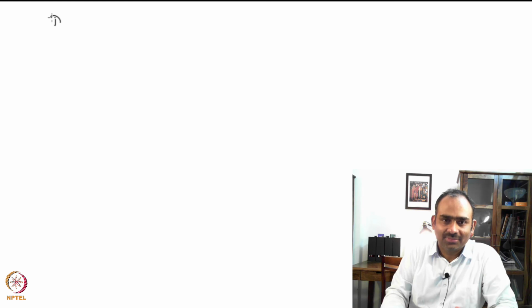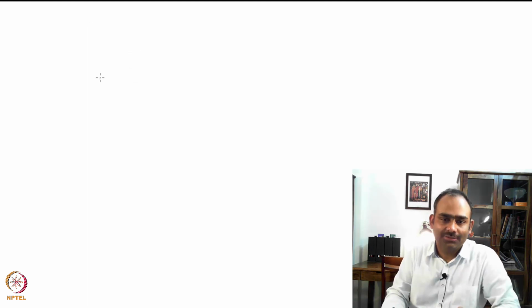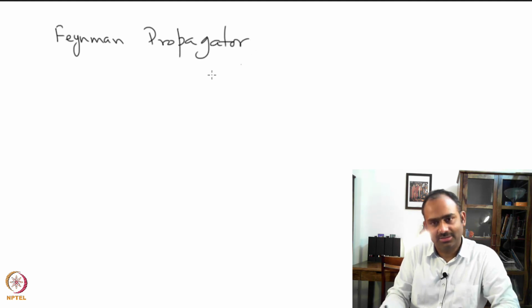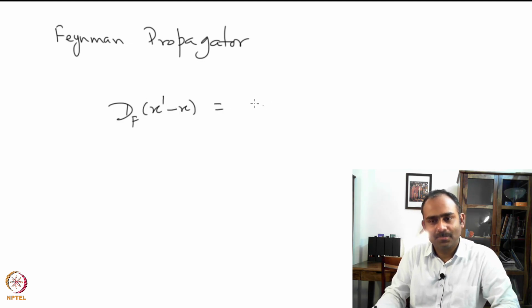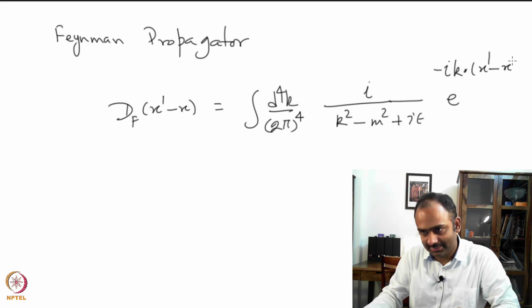So, I have shown that the Feynman propagator D_F(x prime minus x) is the following: integral d4 k over (2 pi) to the 4, i over k square minus m square plus i epsilon, times e to the minus i k dot (x prime minus x).